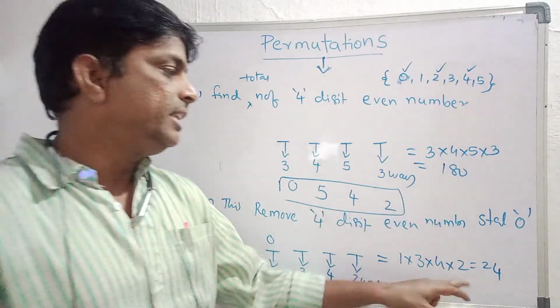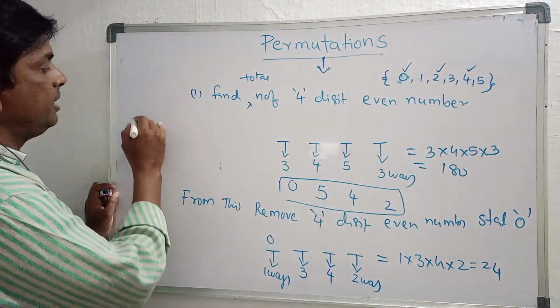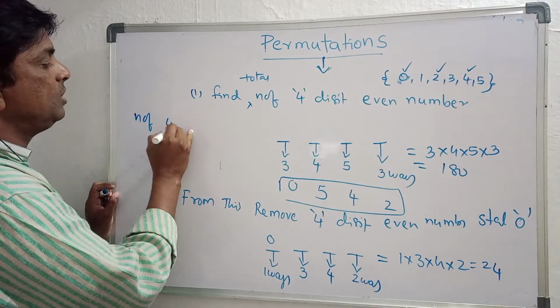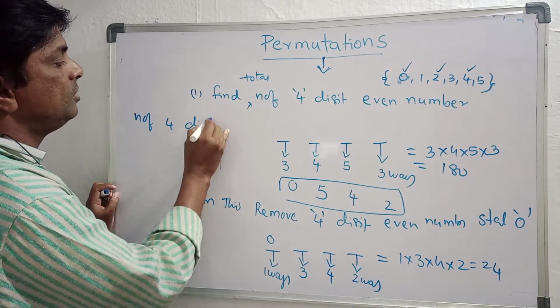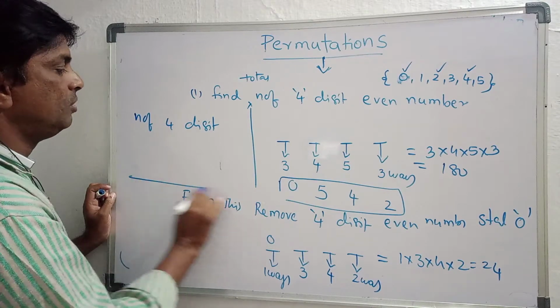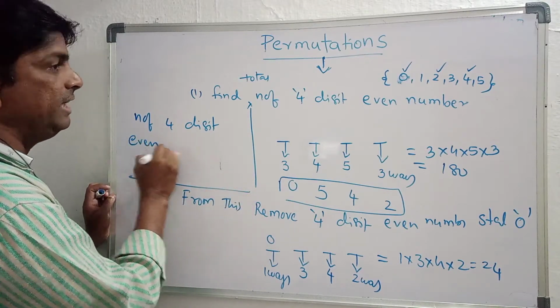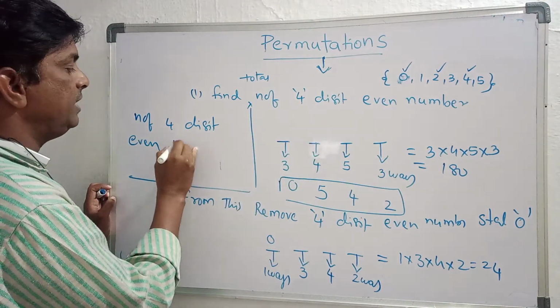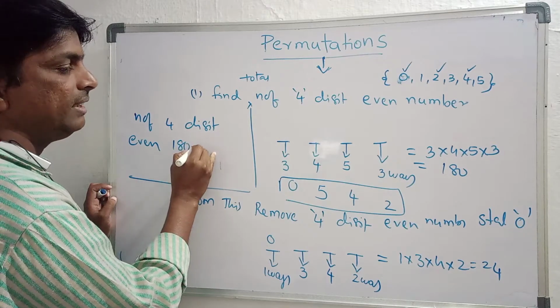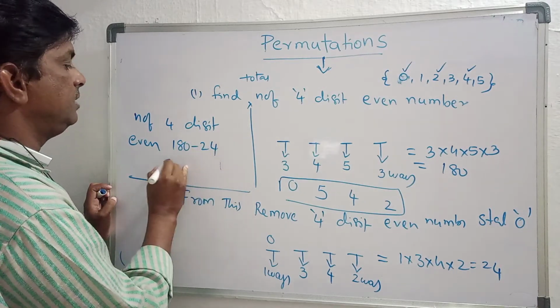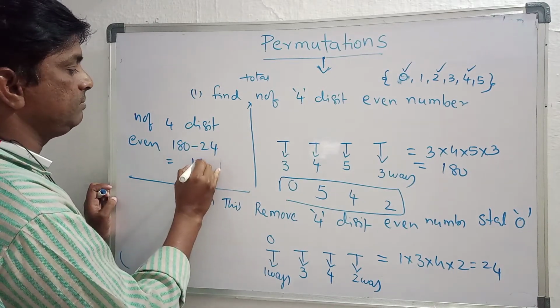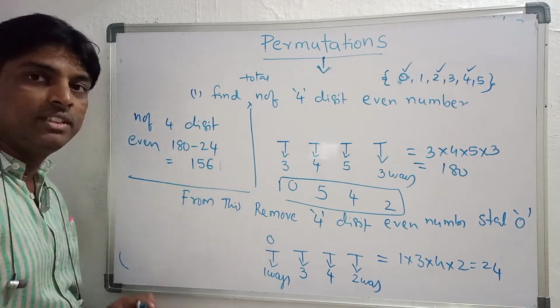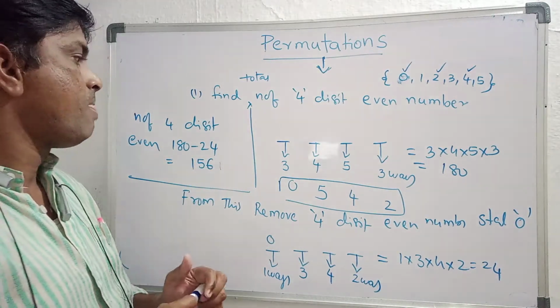So among those 180, you have to remove this. So the total number of 4-digit even numbers in this case is 180 minus 24, and that will be 156. Total 156 arrangements.